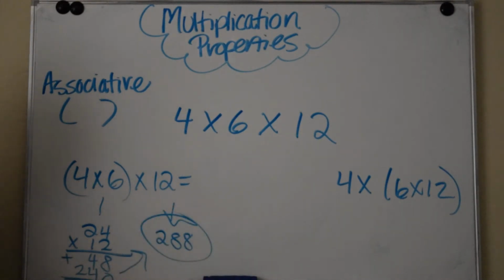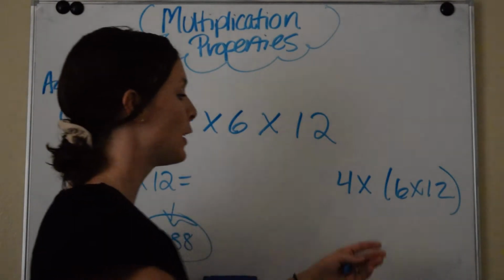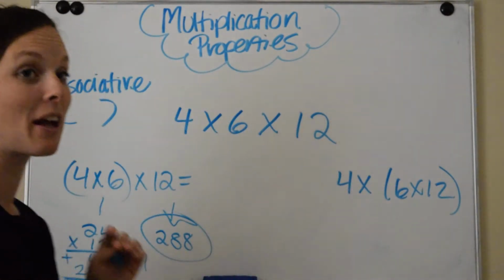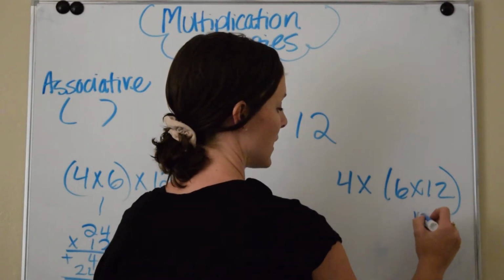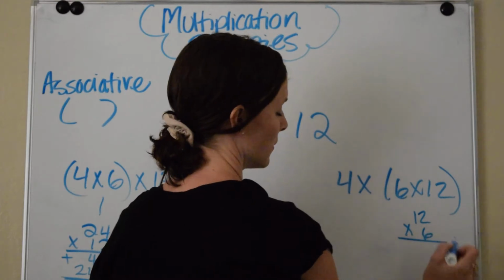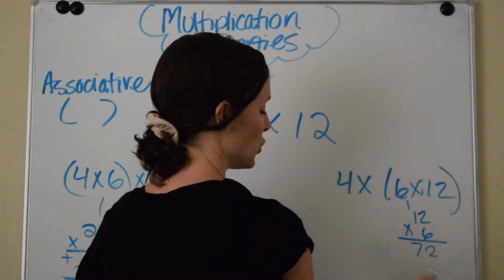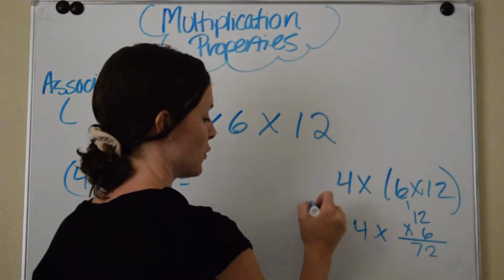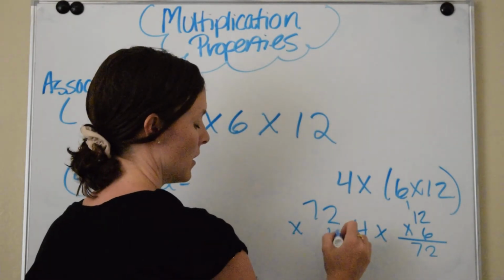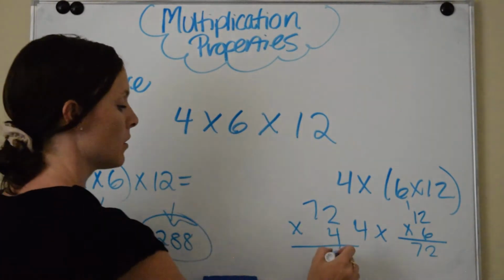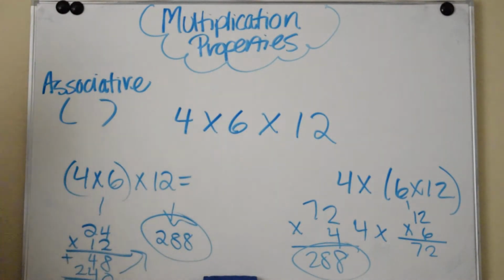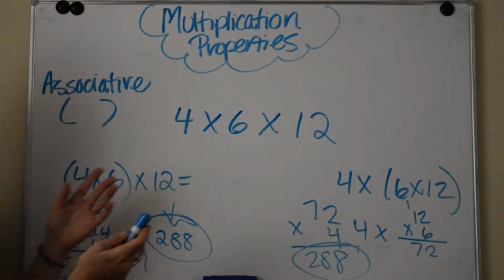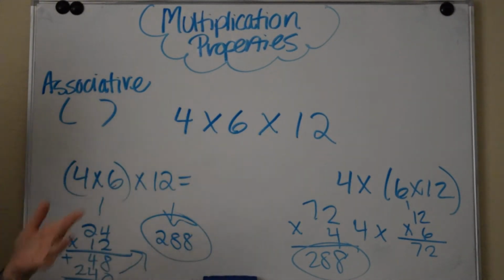So if I use the associative property, I group the 6 and the 12 and multiply that first. I should still get 288. So let's stack 12 times 6. It's 72, and then I still need to multiply that times 4. So I'm going to stack it and do 72 times 4. And look at that, I get 288. So what did we do? We took an original multiplication problem, and it's always where you're multiplying at least 3 or more numbers together.